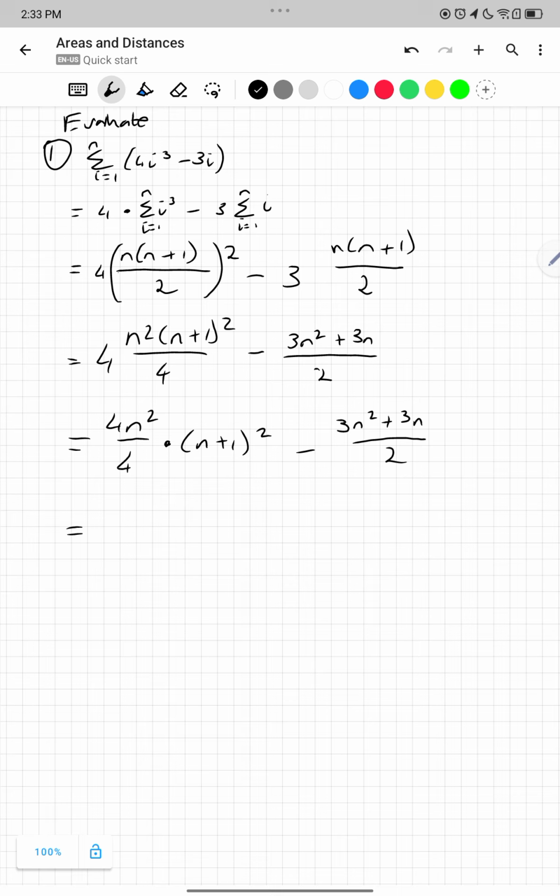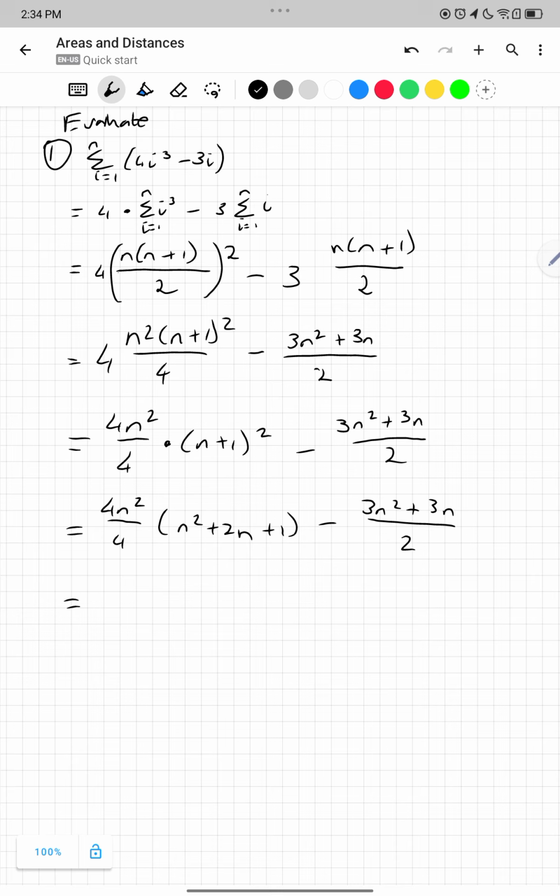Okay, so that means we would have 4n squared over 4 multiplied by n squared plus 2n plus 1, minus 3n squared plus 3n over 2.